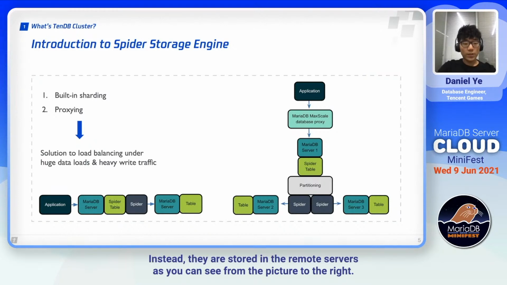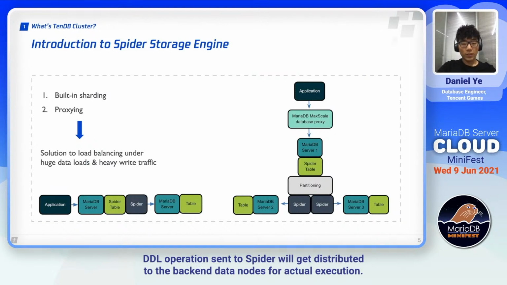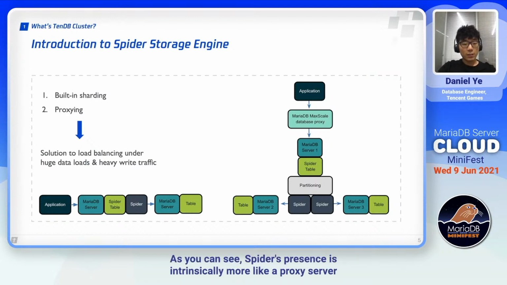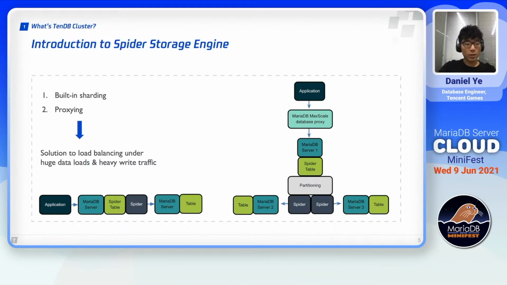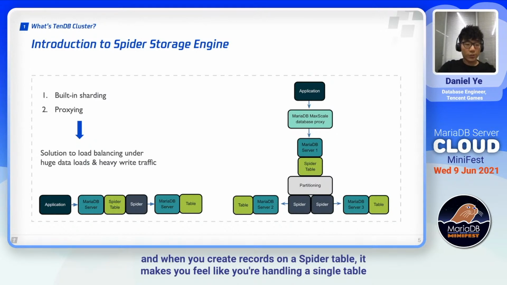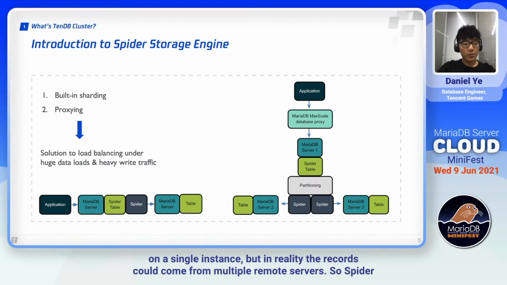As you can see from the picture to the right, just one Spider instance in the middle and two remote servers at the bottom. A DML or DDL operation sent to Spider will get distributed to the backend data nodes for actual execution. As you can see, Spider's presence is intrinsically more like a proxy server. And when you query records on a Spider table, it makes you feel like you're handling a single table on a single instance.